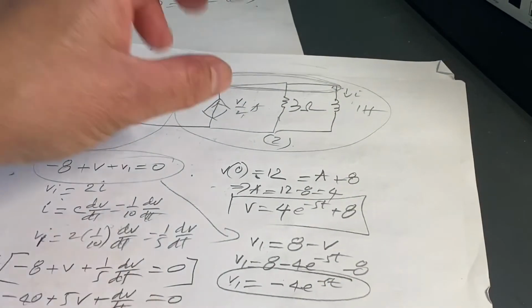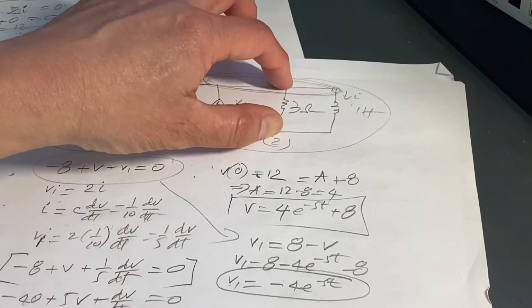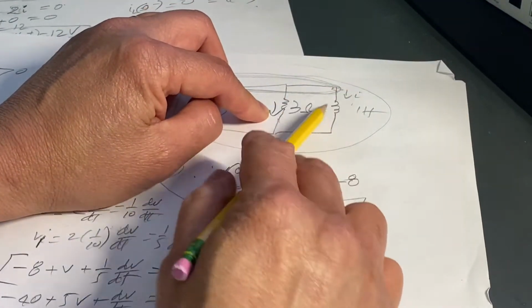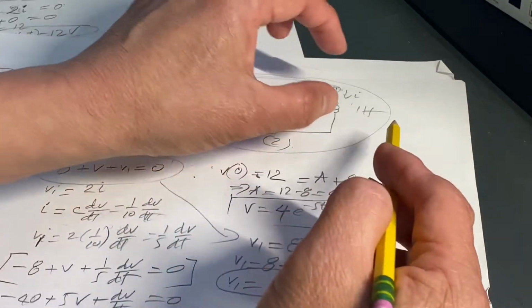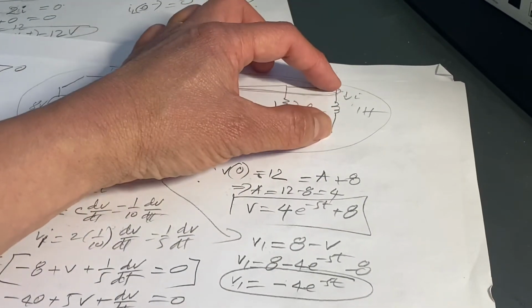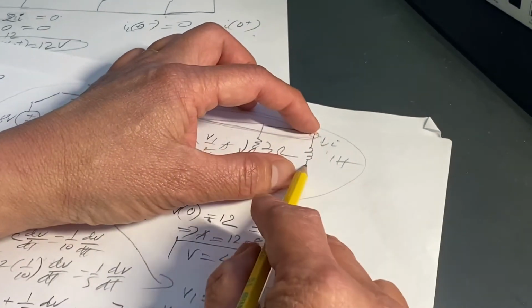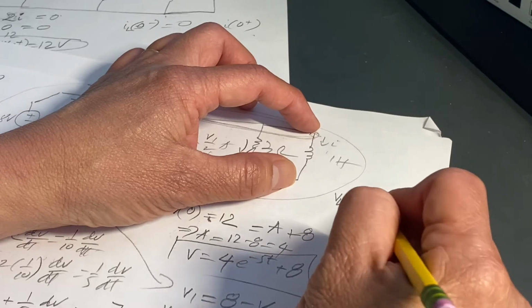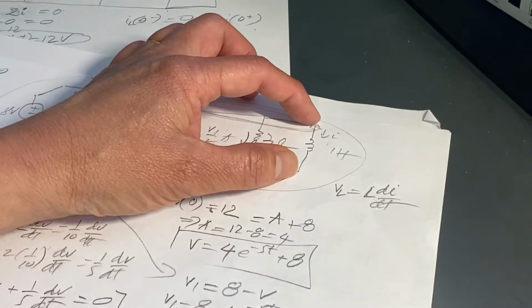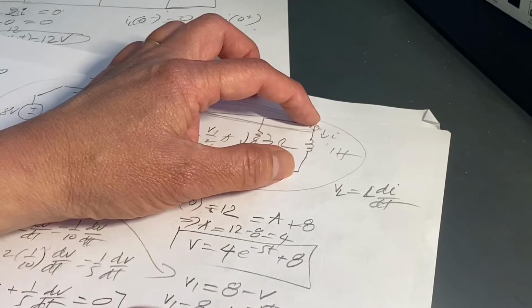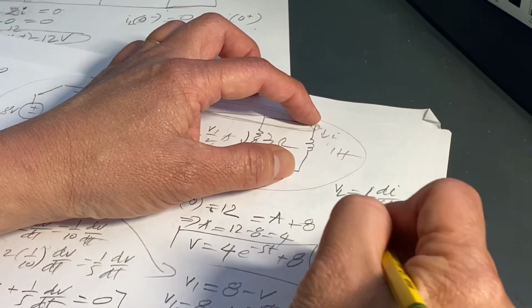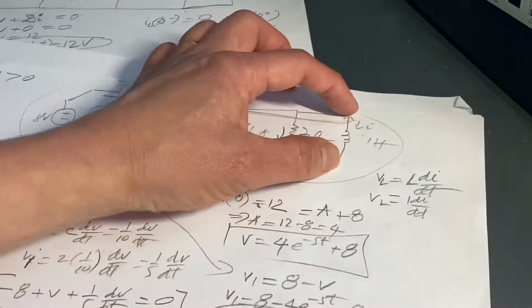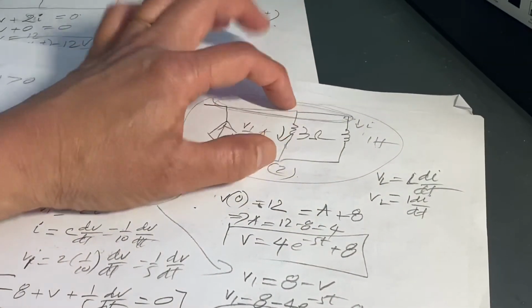But before I write the node equation, I have to find the voltage right here to get the current. The voltage right here equals the voltage of the inductor. We know VL equals L di/dt, and L here is 1, so 1 di/dt is VL.